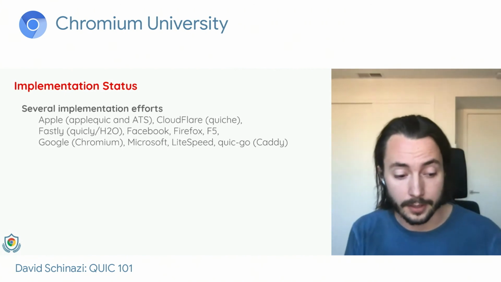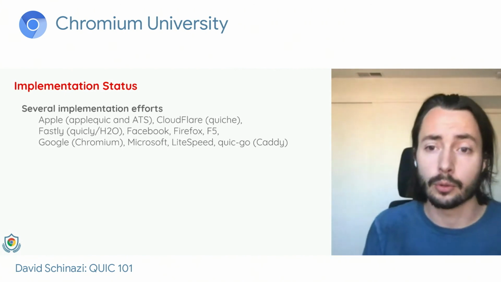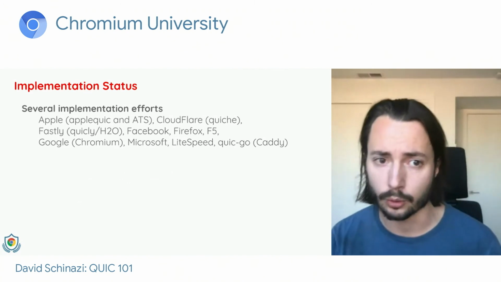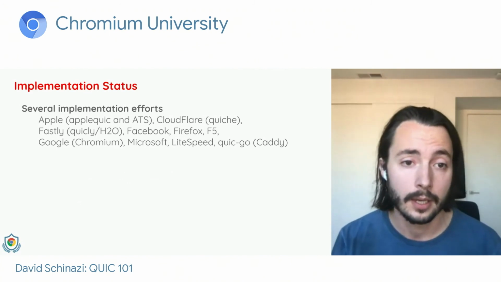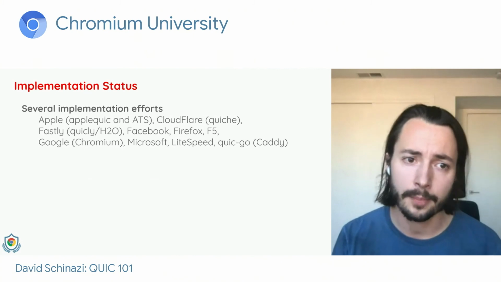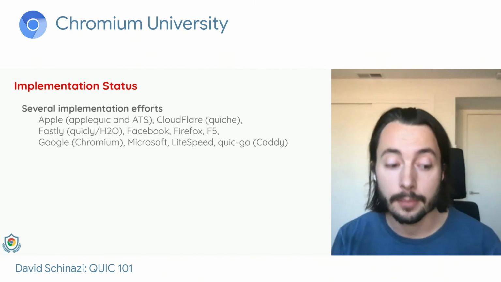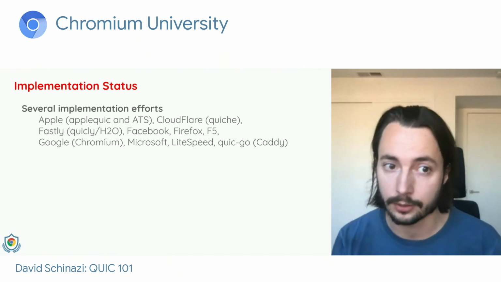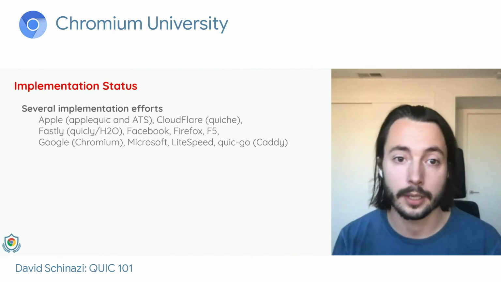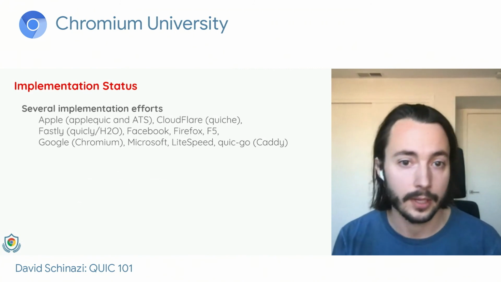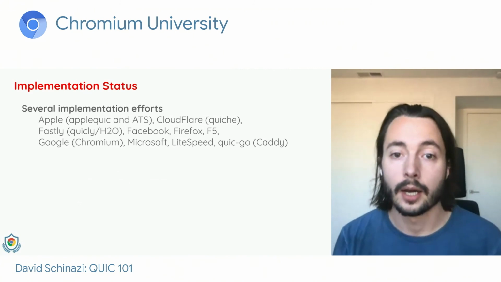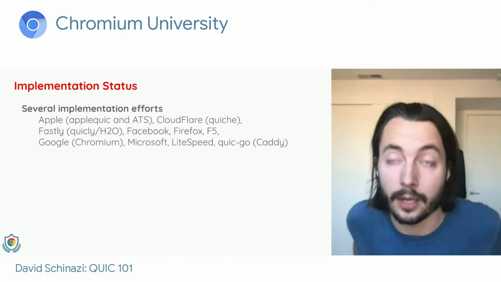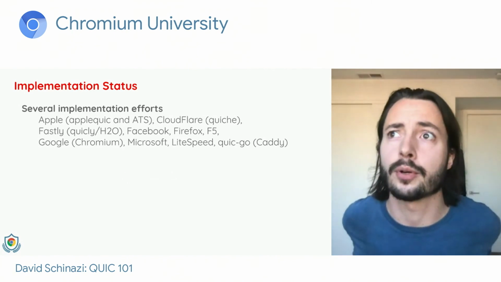So now it's really no longer a Google project. Google has an implementation of both Google Quic and IETF Quic, and it's open source in Chromium, but many other players across the industry, both clients like Apple and servers like Cloudflare, Fastly, and many others, are working on their own Quic implementations, and they interoperate well, which shows that the standard is pretty mature.